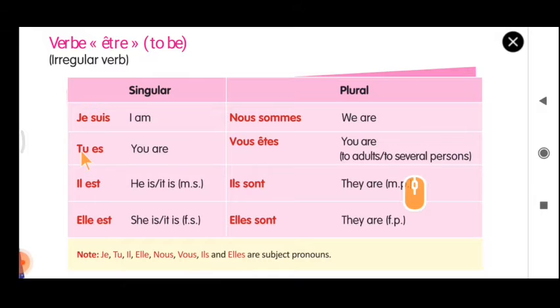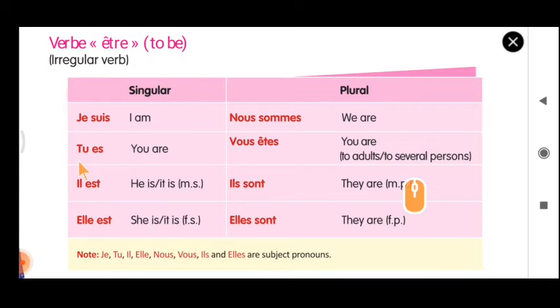And this one is tu es, which means you are. French is given on the left-hand side and English on the right-hand side. Il est, elle est: he is, she is. Nous sommes means we are, and vous êtes means you are.